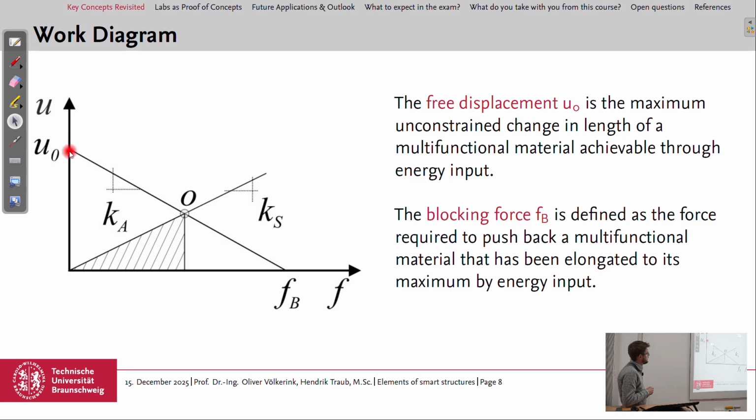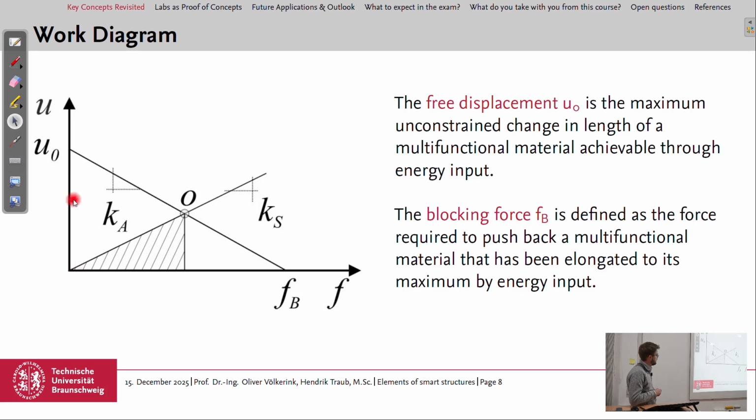The second parameter, the blocking force, is defined as the force we require to push back a multifunctional material that has been elongated to its maximum by energy input, so push back to its original length, so we don't have any displacement.